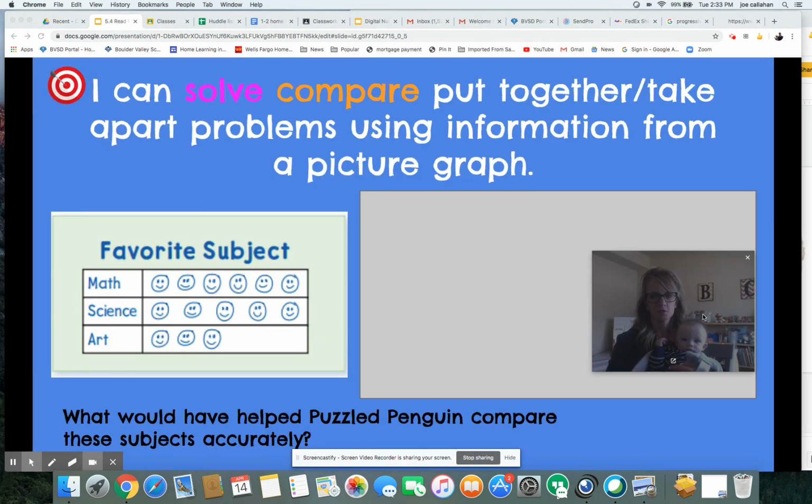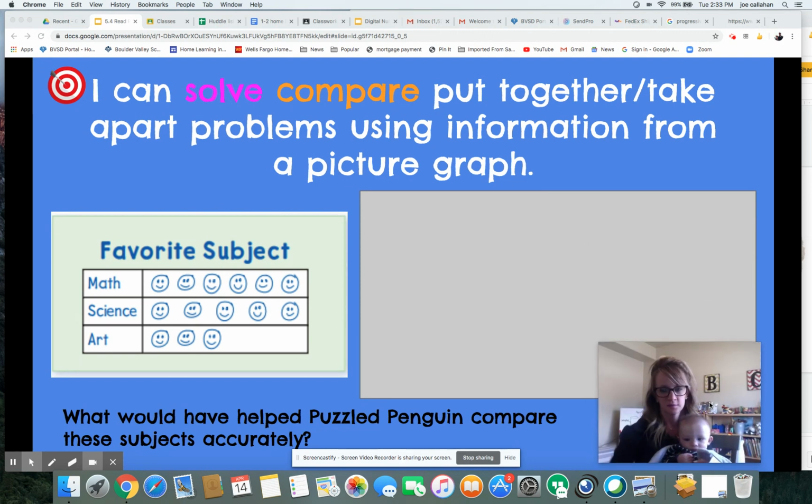All right, so what did you decide? I disagree. Math and science don't have the same number of kids. Now, if that's what you think, what could Puzzled Penguin do differently to help him compare math and science a little more accurately and correctly?